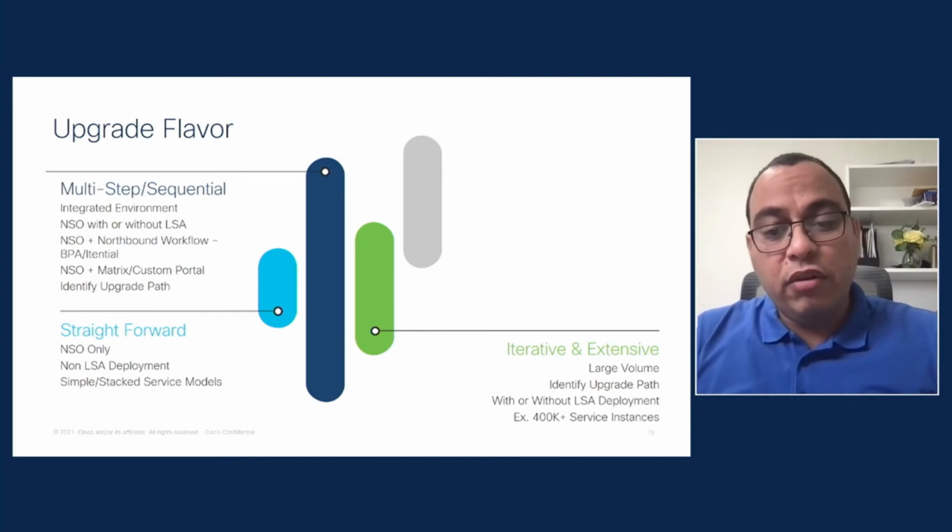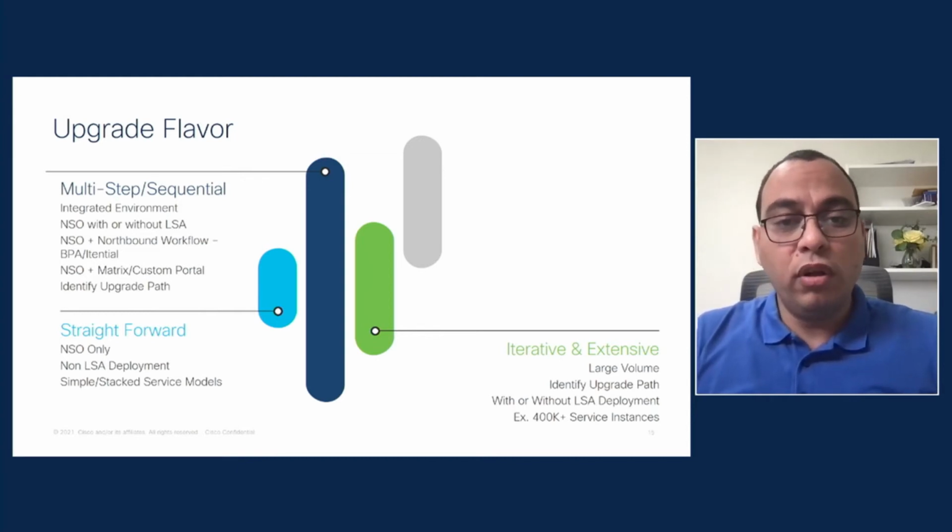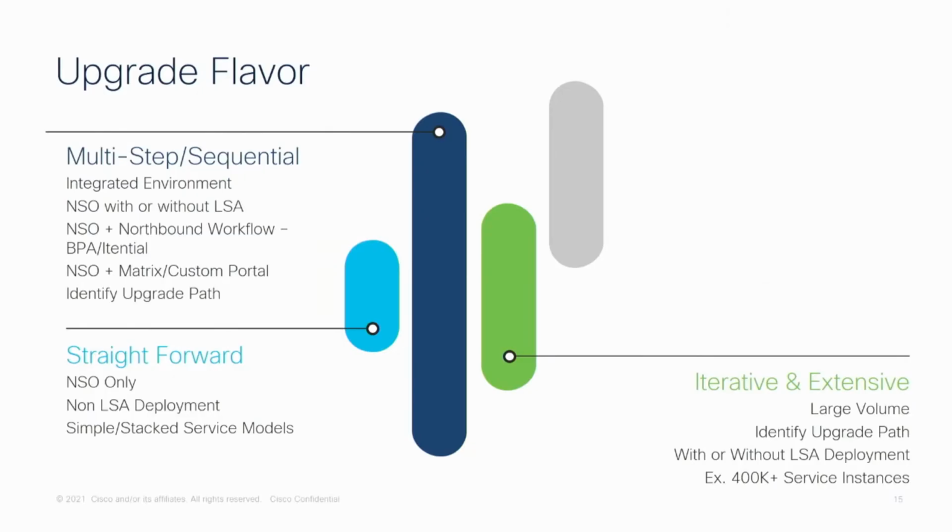The third category, if you have a large volume of devices and services with or without LSA setup, for example, if you have more than 400,000 NSO services, this needs to be done in an iterative way, and this should cover service migration, device migration, and could take multiple iterations to do the full upgrade.